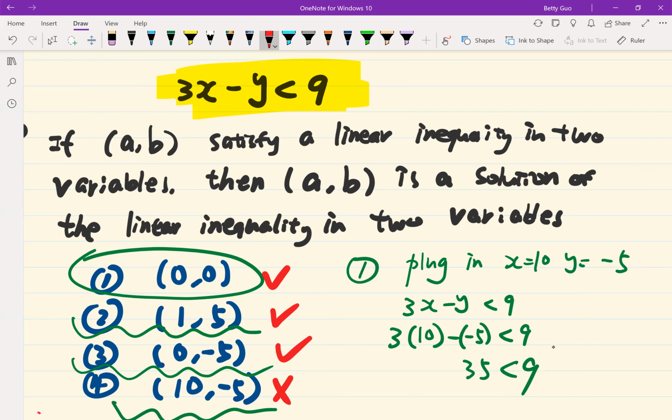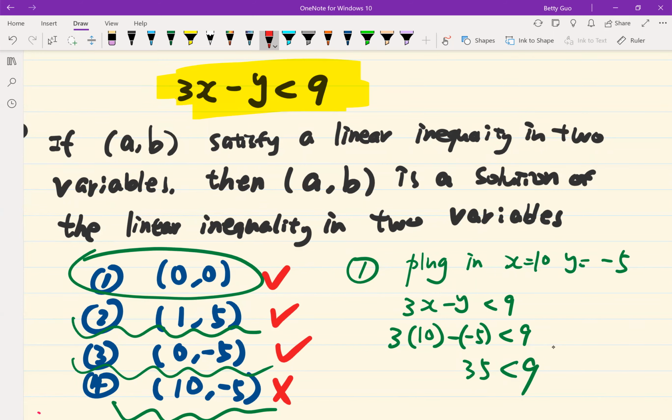Let me repeat it. The focus of today is to graph the solution set for a given linear inequality in two variables. The solution set contains all the solutions of the inequality.